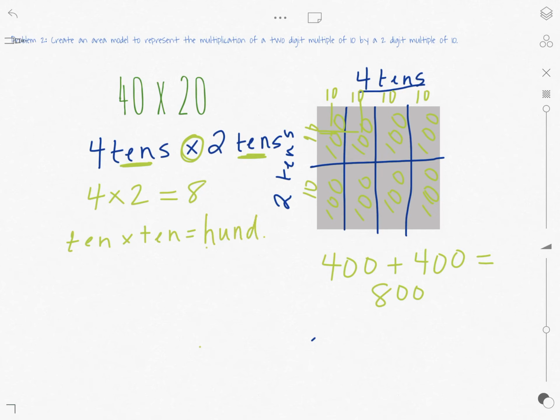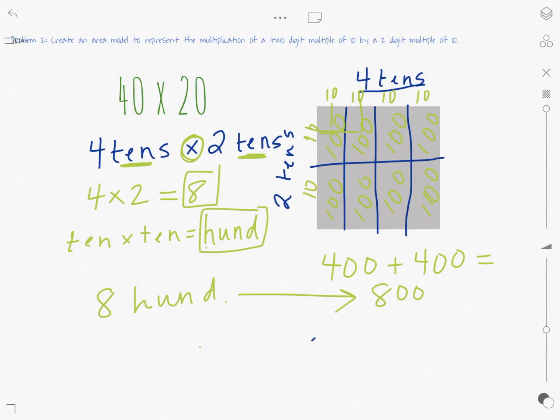Well, if I put these together now, look here, I've got 800, which matches what we got when we added all of those up. So it's the same exact principle. It's just breaking it into pieces to make it a little bit easier for you to be multiplying.